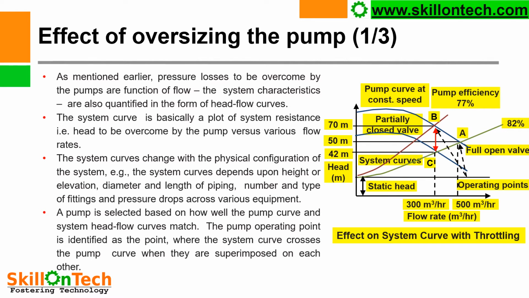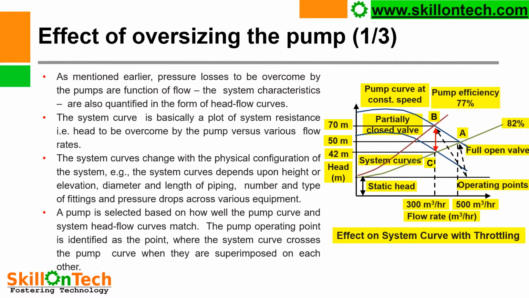Effect of oversizing the pump. As mentioned earlier, pressure losses to be overcome by the pump are a function of flow. The system characteristics are also quantified in the form of head flow curves. If we change the head and flow, the system curve will decide the operating point of the pump.